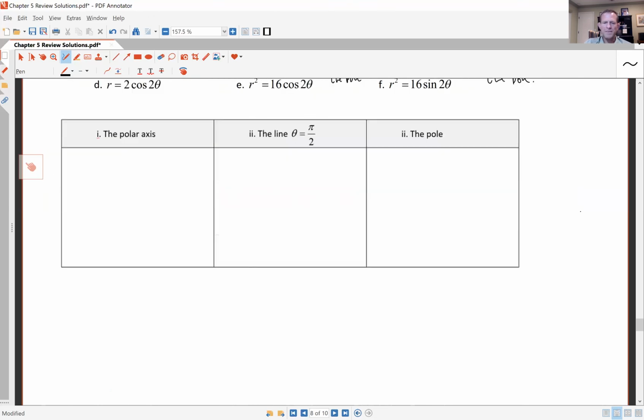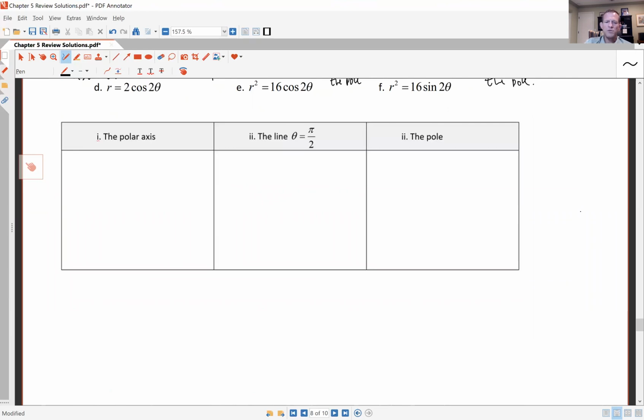All right, so doing the same thing for r equals 2 cosine 2 theta. The polar axis, we change theta to negative theta. And because this is the cosine, we see that this is going to stay cosine 2 theta.